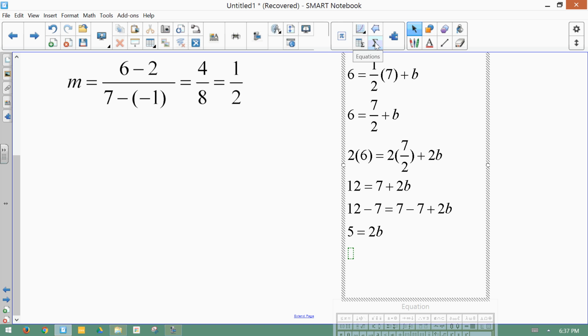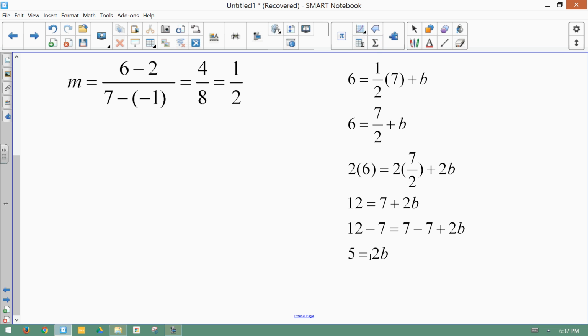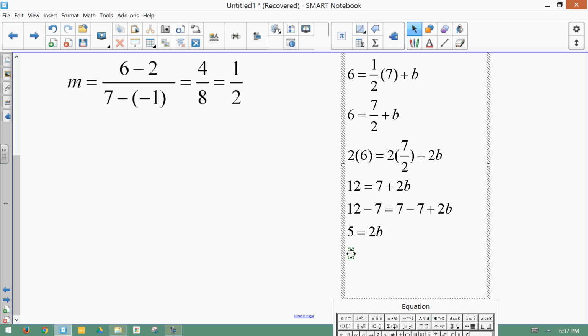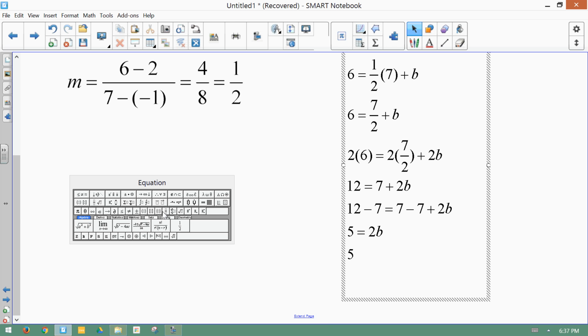All right. 5, divide both sides by 2, we'll get 5 over 2 equals b.